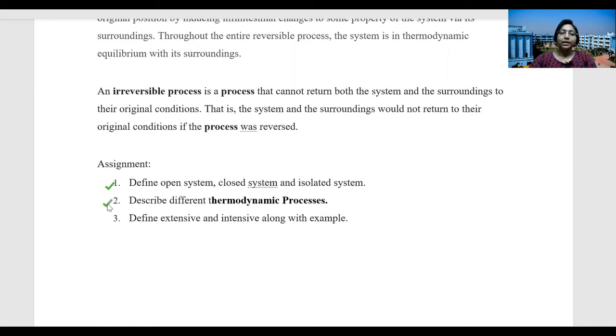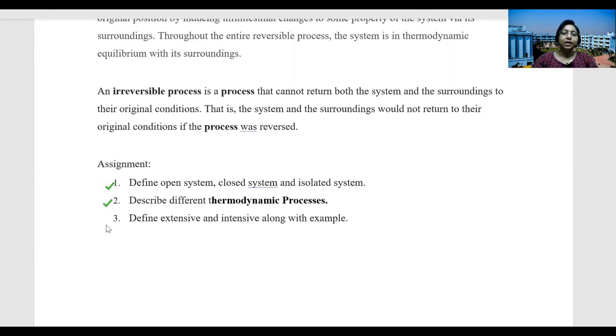Second one, describe different thermodynamic processes. Different processes like isochoric, isobaric, everything you can define. And also it can come in this way, that define isothermal process. Then you can tell individually.